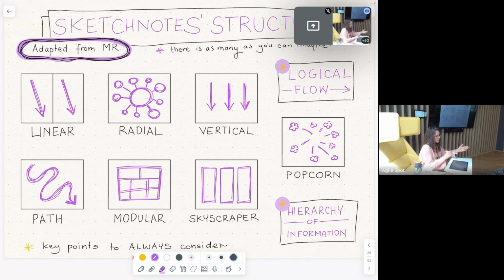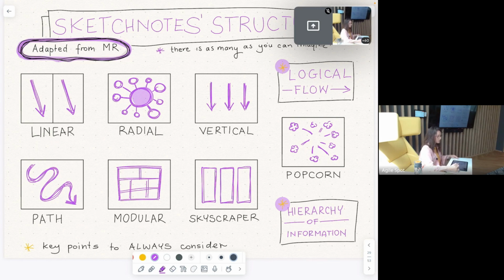You might have a linear structure, going from top to bottom. Maybe there are many aspects of a certain idea, and you can put it in the middle and have a radial flow where everything is connected to it, and then go on in a kind of mind mapping style.